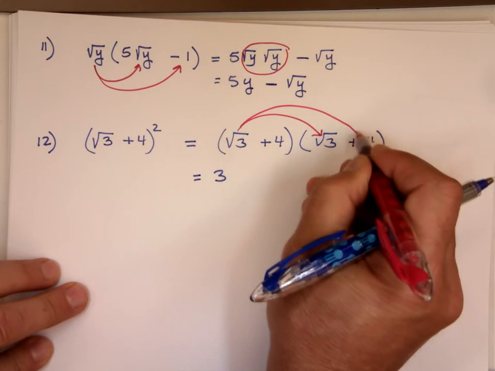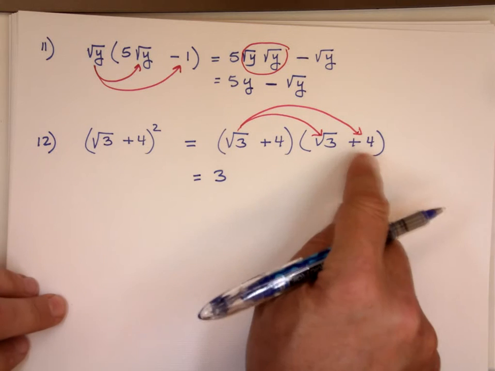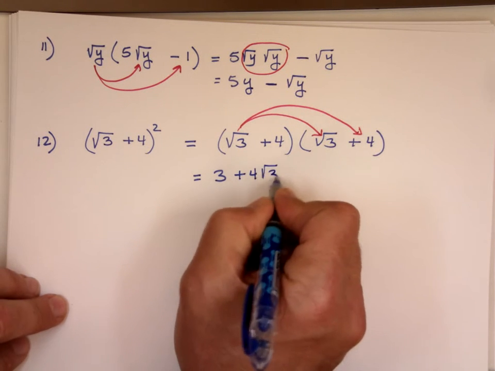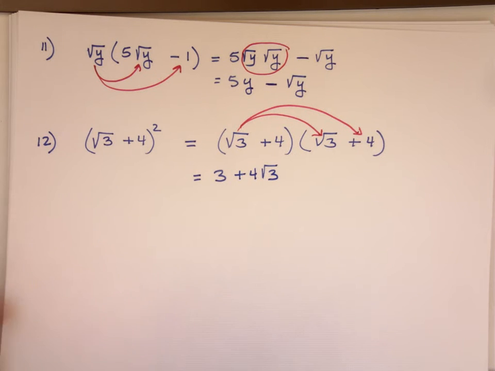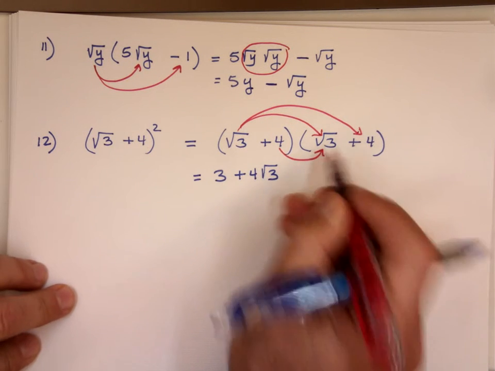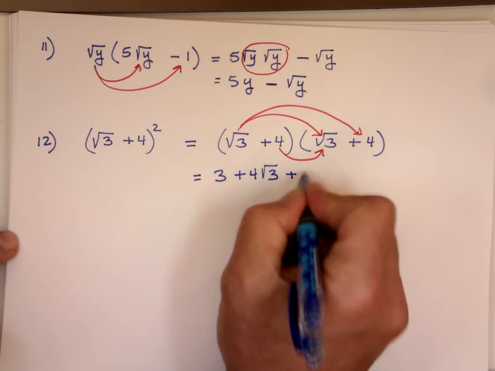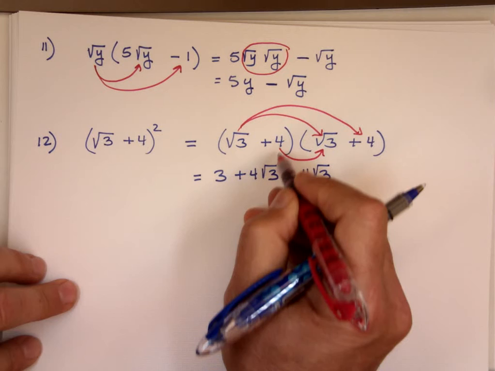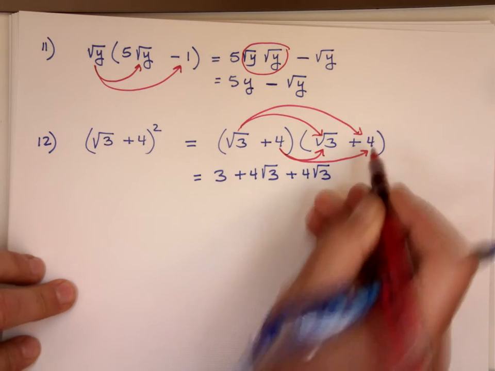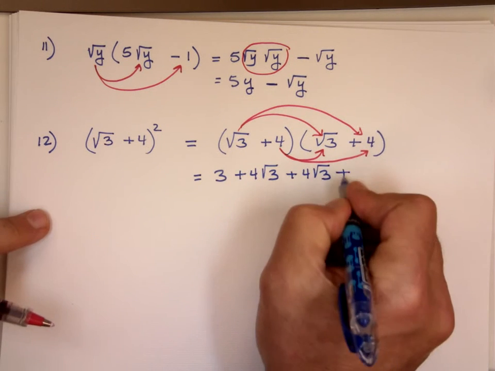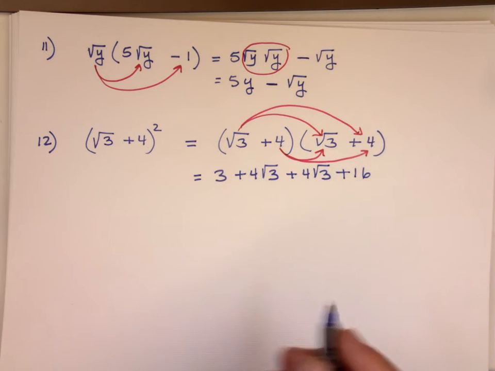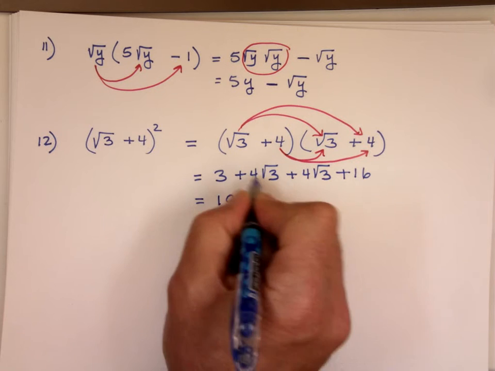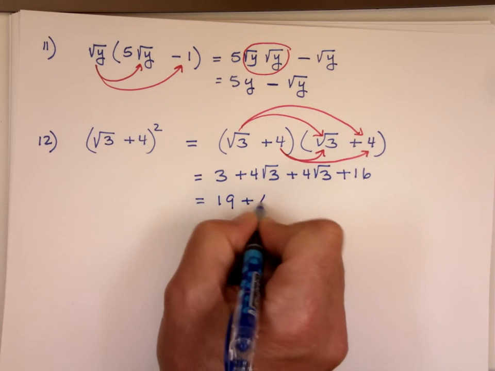This one doesn't have a square root, so we write that for the square root of 3. This one now, for the square root of 3. And finally this one, which is what? 16. 3 plus 16, we can combine them, that's 19. 4 and 4, that's 8, the square root of 3.